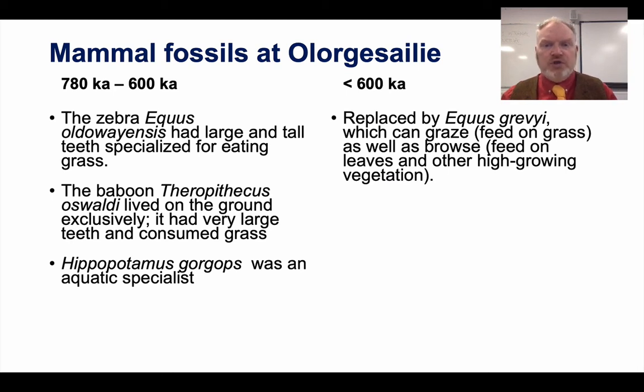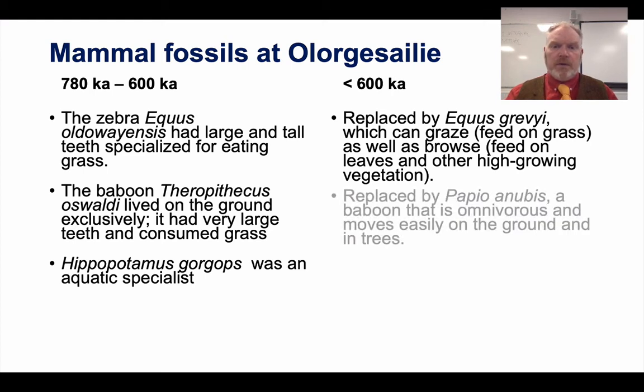We see an evolutionary development, a different type of zebra that was able to not just feed on grass, but could also feed on leaves and other vegetation. A different type of baboon that was omnivorous, that could move in the trees and on the ground.